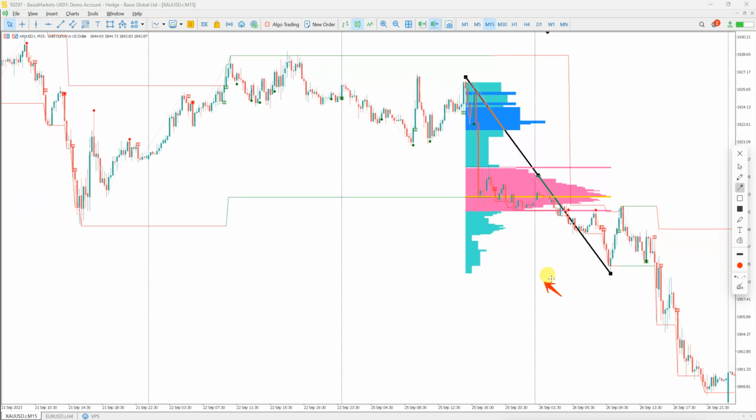It had a low value node, and price went back inside. It tried to grab liquidity from the value area. Okay, it got rejected, and notice the color is green, right? And a change of character over here.